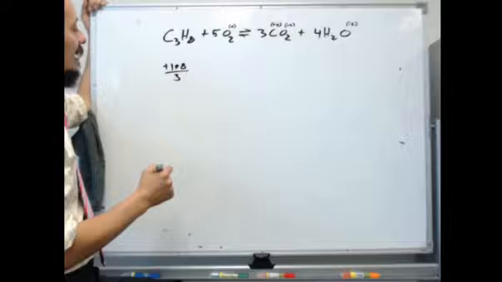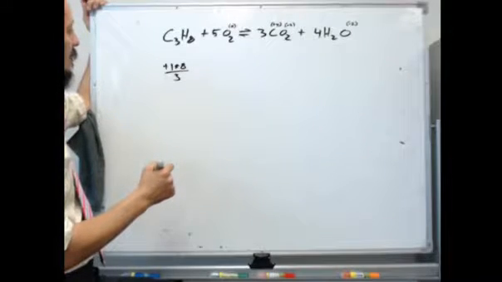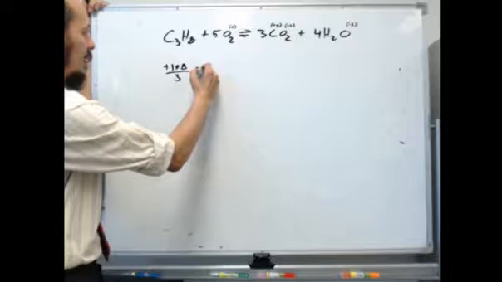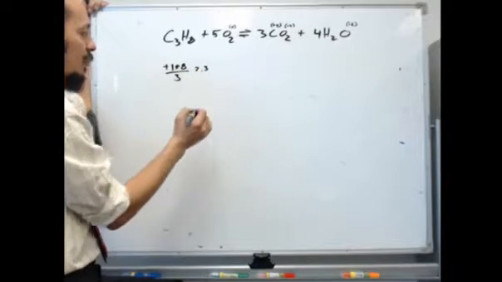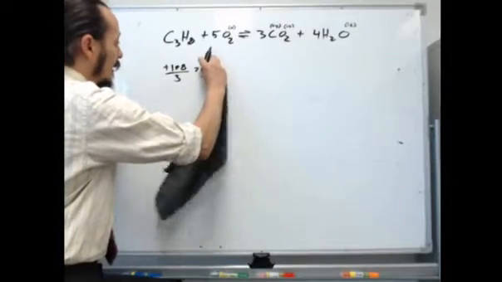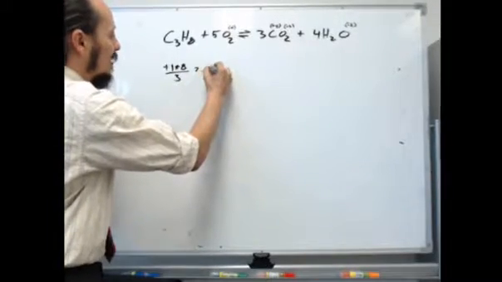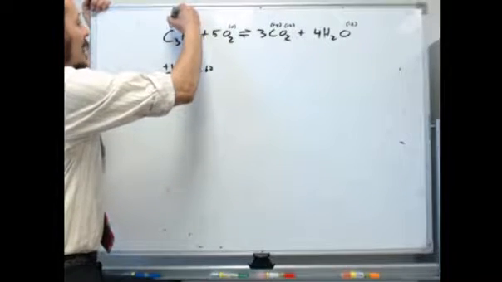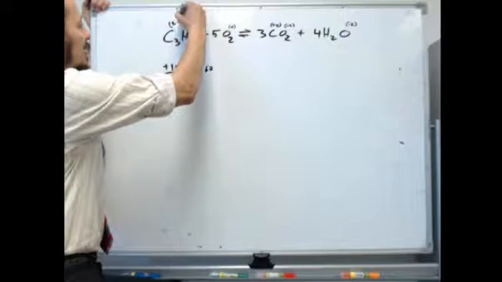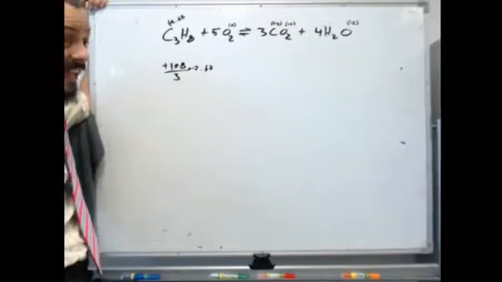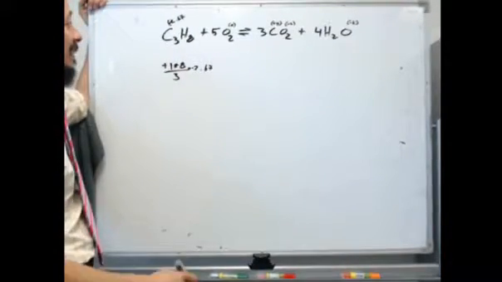So each carbon needs to be, what is that? 2.67, and it's going to have to be the negative charge. So the average charge on the carbon is 2.67 negative. And if I do 3 times 2.67 negative, I should get 8, and that's going to balance out the charge.